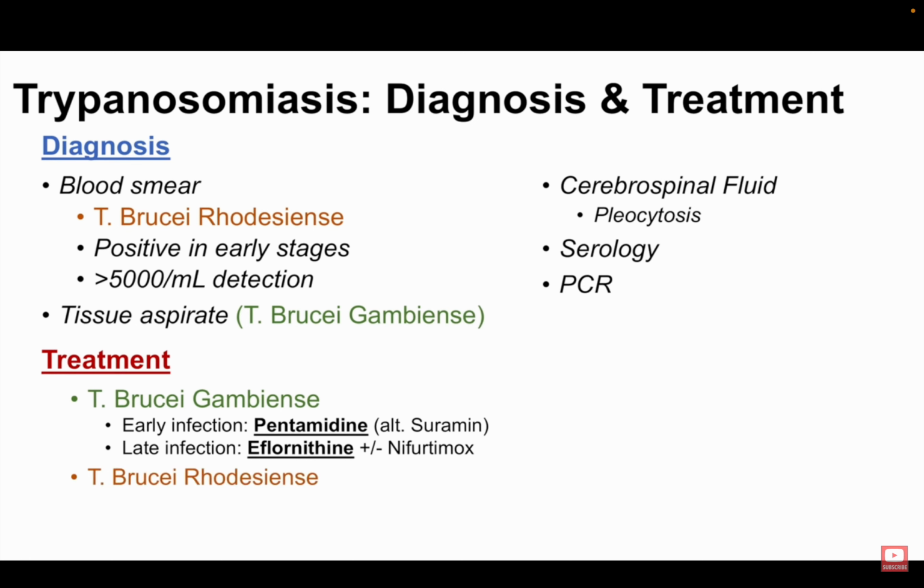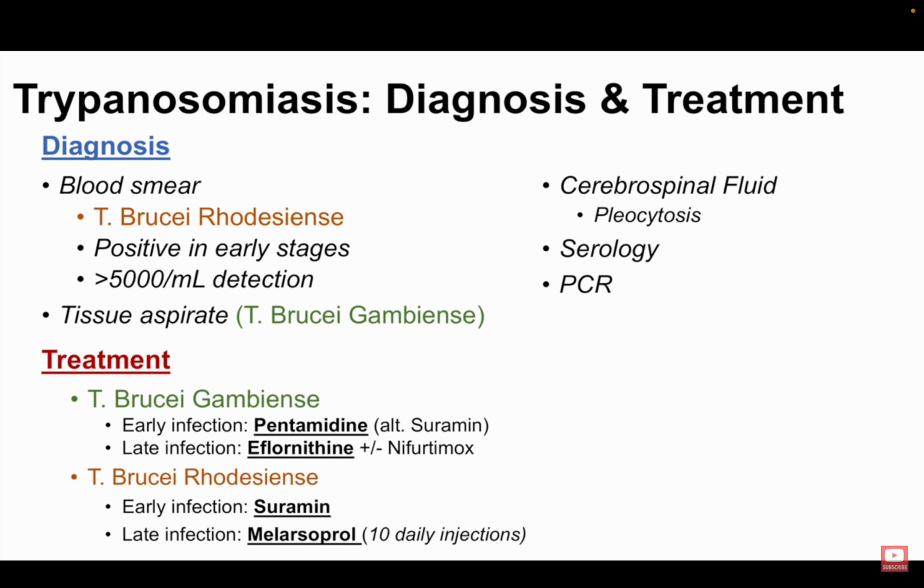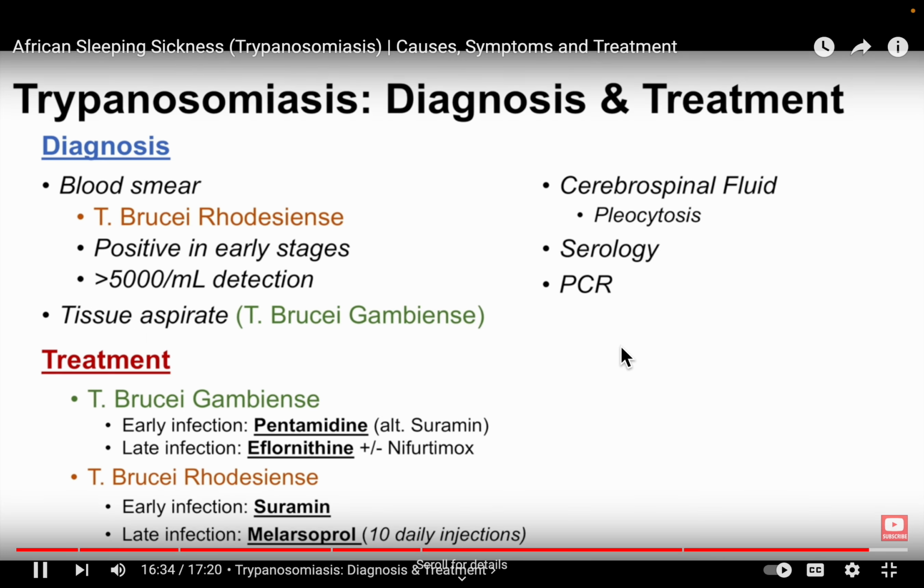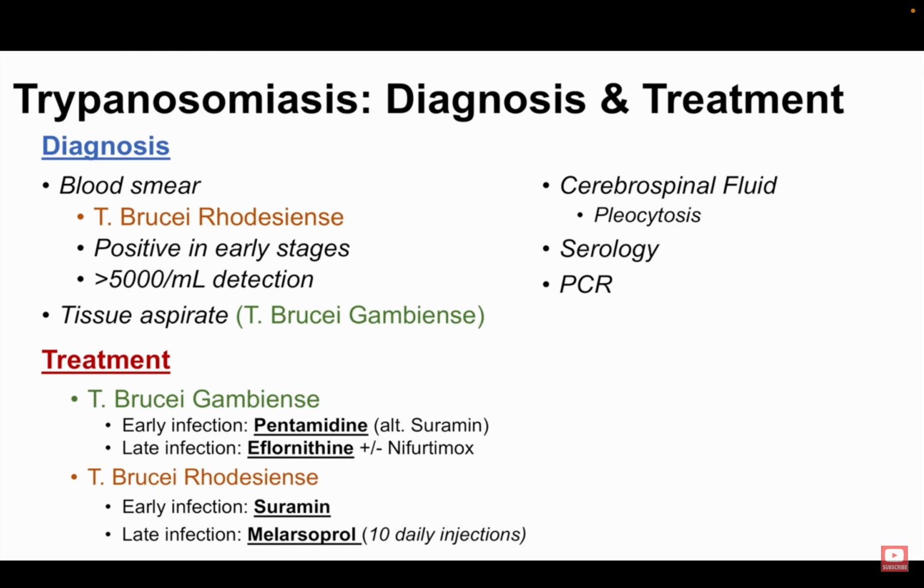Now, if it was found that the patient was infected with Trypanosoma brucei rhodesiense, and it was determined that it was an early infection, that there was no CNS involvement, we could use suramin as the treatment. But if it was found to be a late infection, CNS was involved, and it was a Trypanosoma brucei rhodesiense infection, we'd have to use melarsoprol. And you might be wondering, okay, why can't we use eflornithine in these cases?